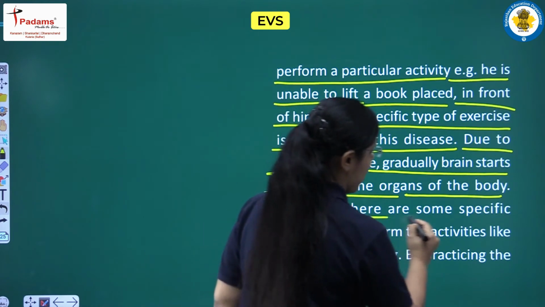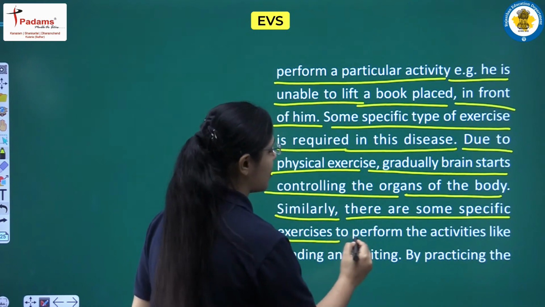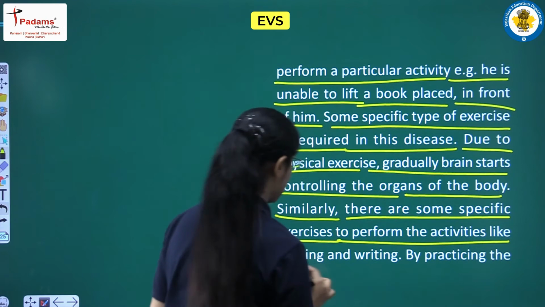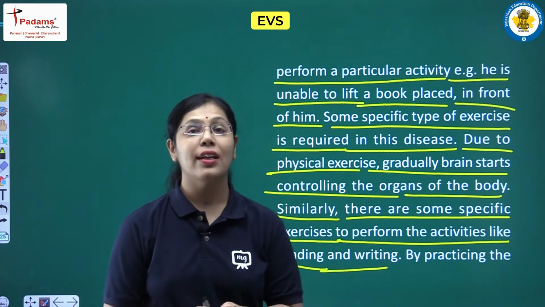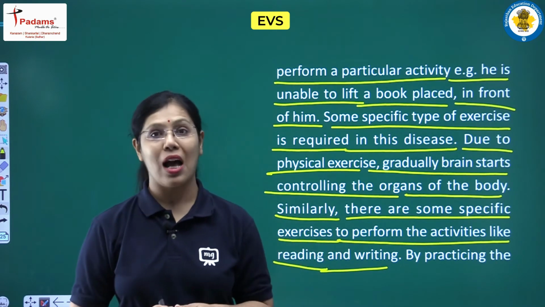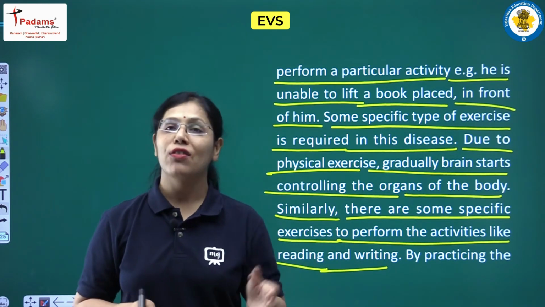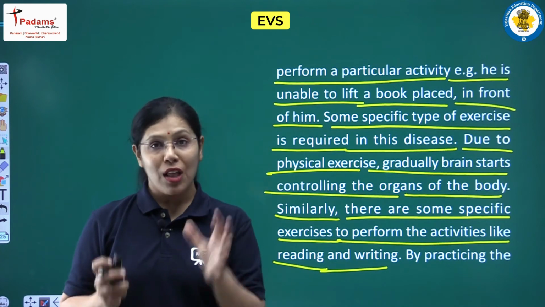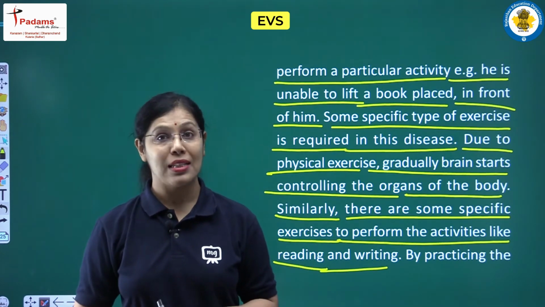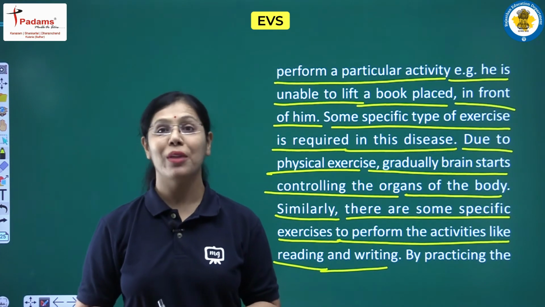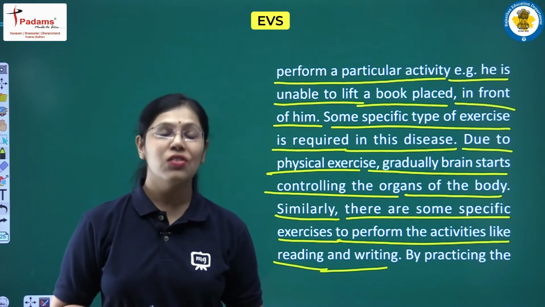Similarly, there are some specific exercises to perform the activities like reading and writing. So there are some specific exercises which these patients have to do for reading and writing also, and without performing those exercises, these patients of cerebral palsy are not able to perform the activities of reading and writing.